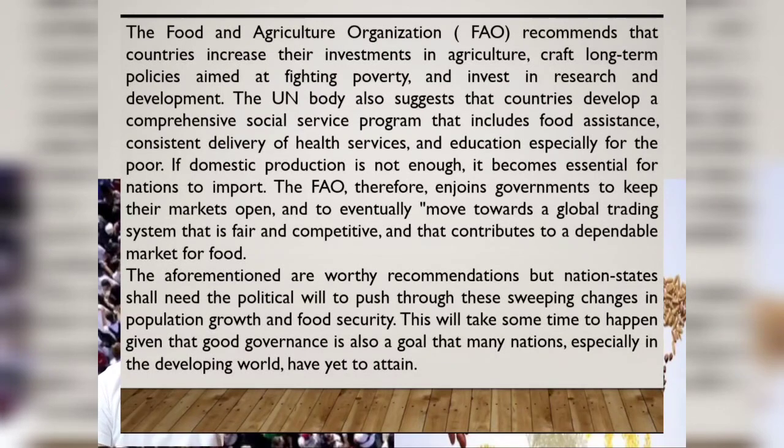The aforementioned are worthy recommendations, but nation states shall need the political will to push through these sweeping changes in population growth and food security. This will take some time to happen, given that good governance is also a goal that many nations, especially in the developing world, have yet to attain.